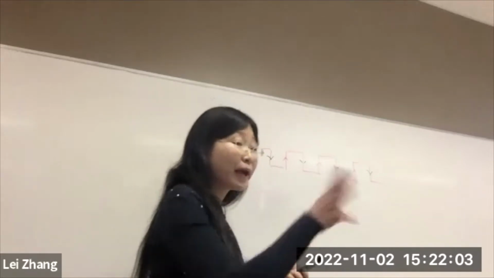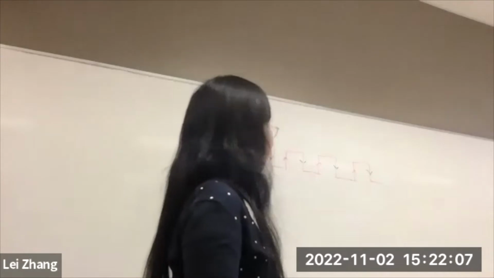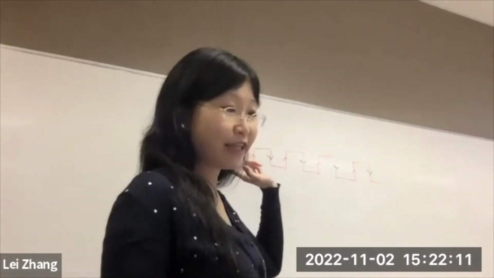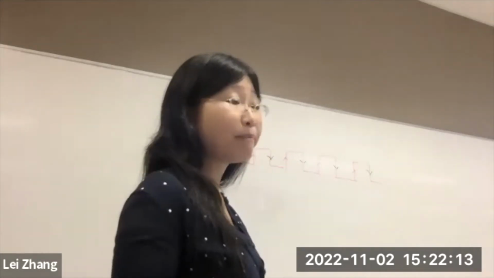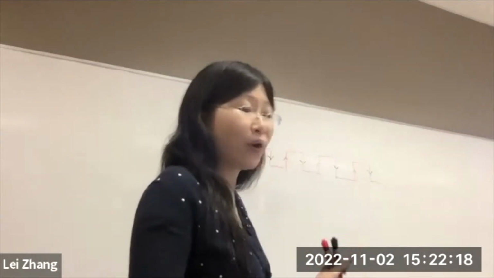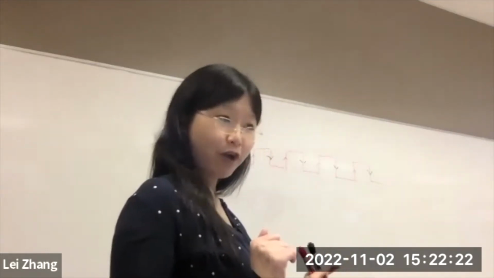So let's come back to the clock. The positive edge is the rising edge, the negative edge is the falling edge. This is the definition. The symbol of the clock on the circuit is a triangle. That is the clock input of the D flip-flop.